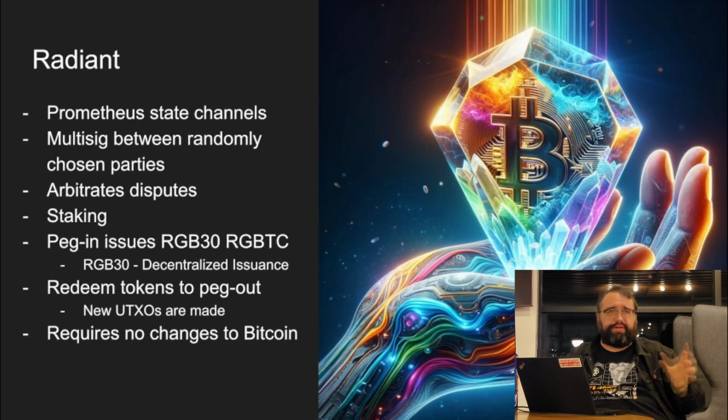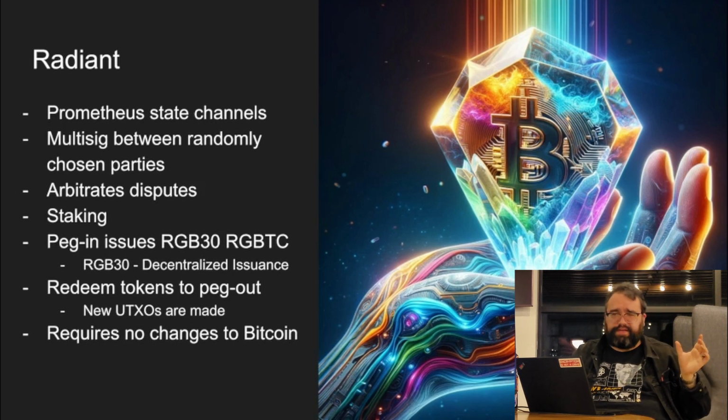It doesn't have Bitcoin in the protocol itself. It has to be a token that represents Bitcoin, RGBTC. And in order for you to get RGBTC, you need something like Radiant, which is this thing that uses state channels, that uses a technology that has been developed for actually a good amount of time now.